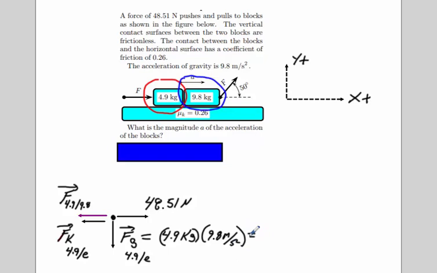Now some people, when they do these, do not put numerical values into the free body diagrams. However, I like to do that. So that's going to give me 48.02 newtons. What else do I have? Well, I've got a normal force going back up this direction here. I'll call that my F normal.